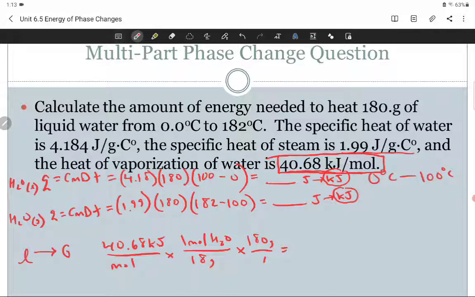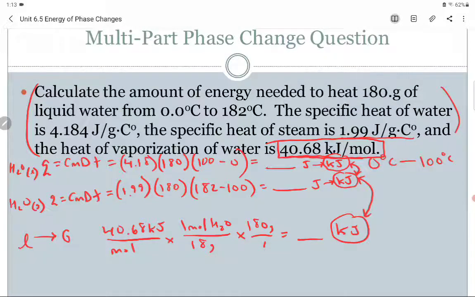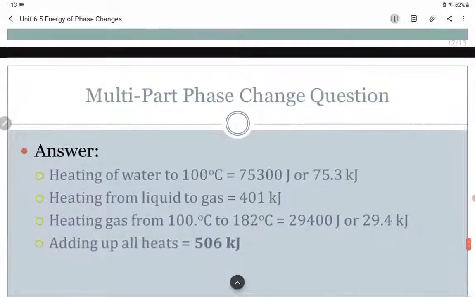So that would give us a kilojoules answer. If you add those up, that collectively tells you the amount of energy to make this scenario occur.